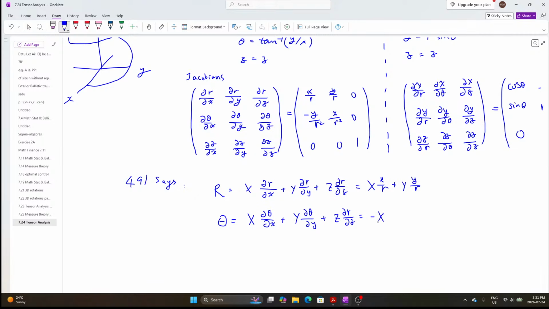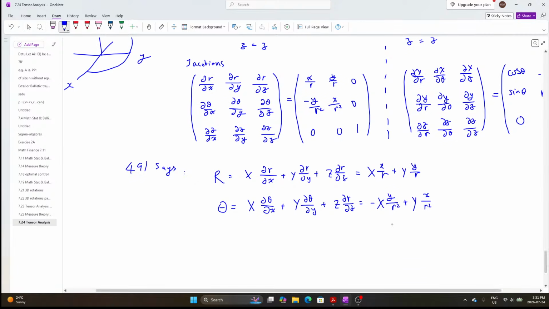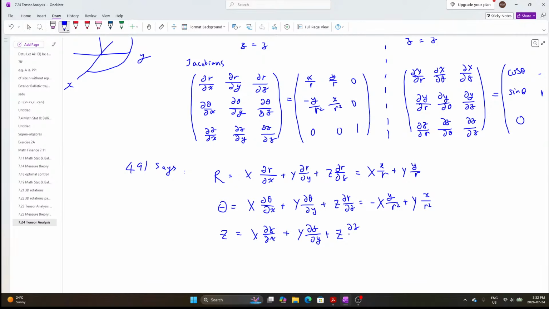Minus big X, y over r squared plus big Y, x over r squared. And big Z is what? Big Z is big X dz over dx plus big Y dz over dy, and big Z times dz over d little z.